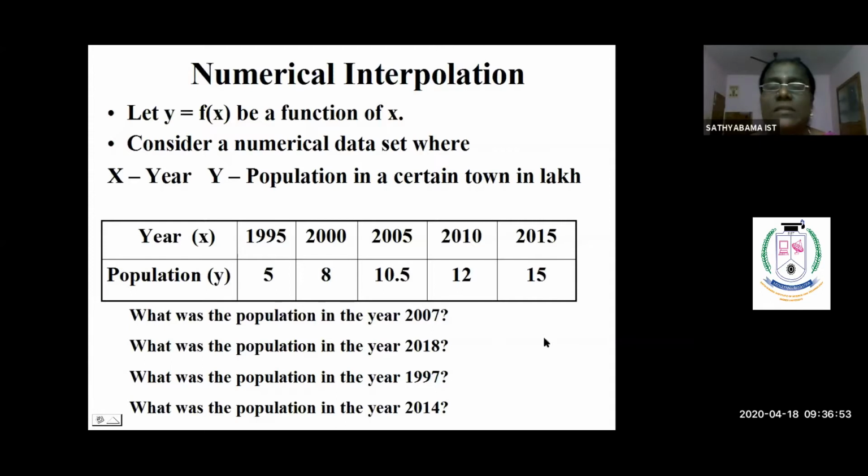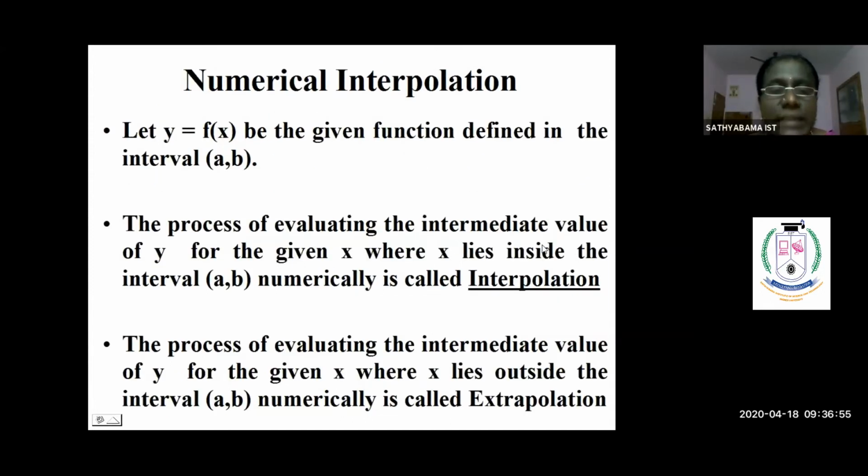So we are going to see the mathematical definition now for defining what is interpolation. Let y equal to f of x be the given function defined in the interval a comma b. The process of evaluating the intermediate value of y for any given x, where x lies inside the interval a comma b numerically, is called interpolation.